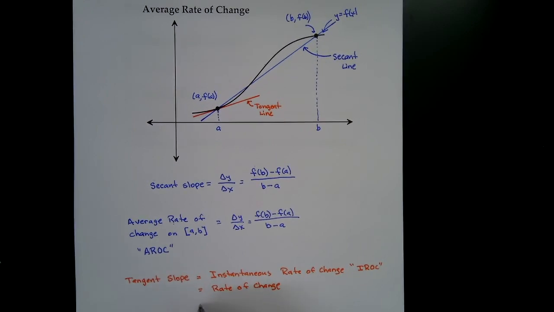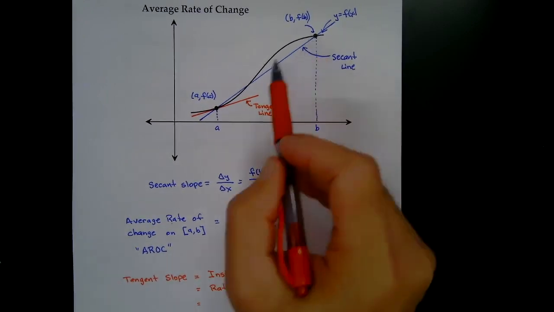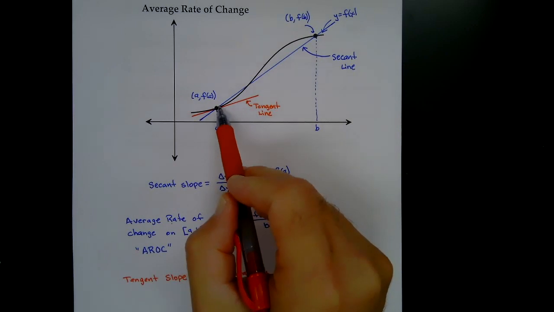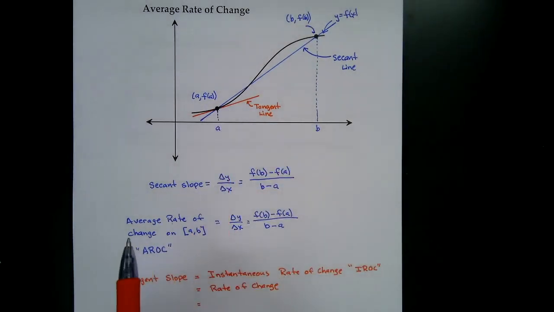This is going to be really important. If we get this point really close to this 1 point, then that would be a pretty good estimate of the tangent slope.